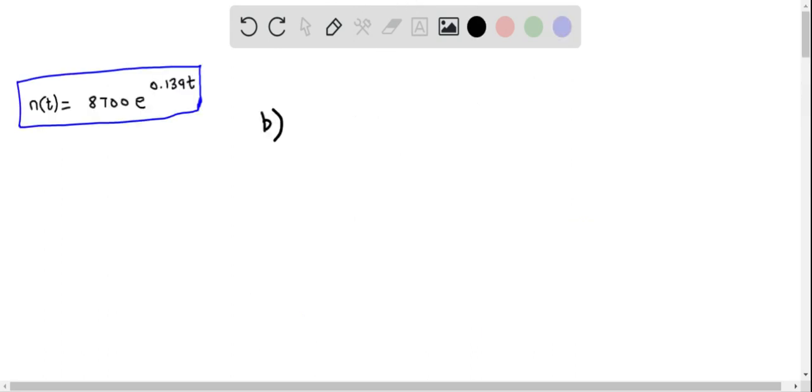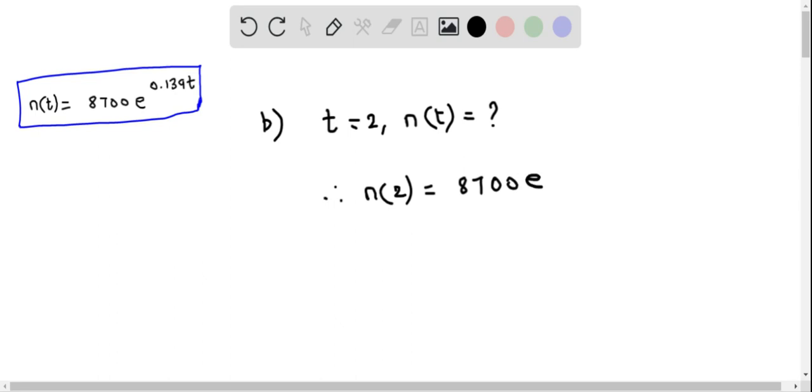In part B, we should find the number of bacteria after 2 hours. That is when t equals 2, what is n of t? And this gives the number of bacteria after 2 hours. So let's plug in t equals 2 into the population function. So we get n of 2 equals 8700 e raised to the power of 0.139 multiplied by 2.